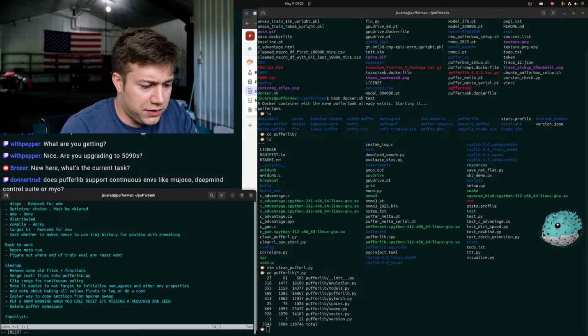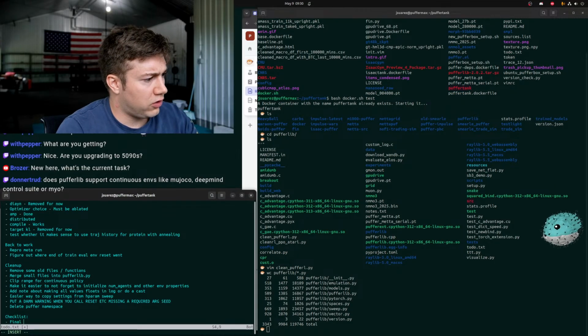So the big things on the checklist, first, final cleanup. Major is the clean PufferL, minor is QOL in the rest of the library.